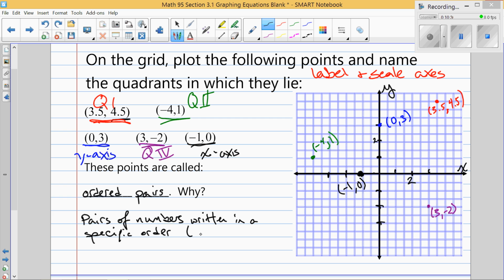And that order is x and y. We always list the horizontal component before we list the vertical. We want to know how far left or right we go before we talk about how far up or down we go. And this will always be the way it works when we're graphing ordered pairs.